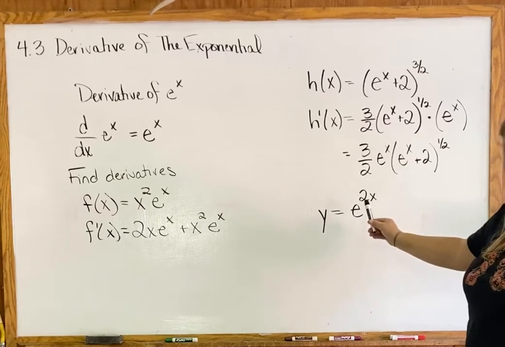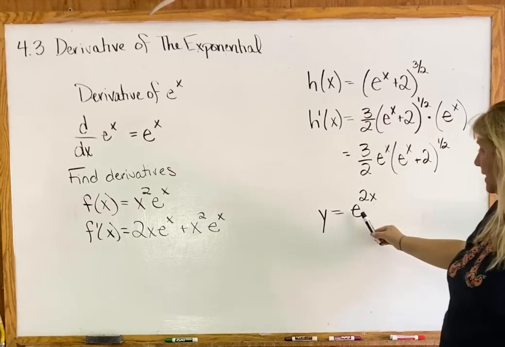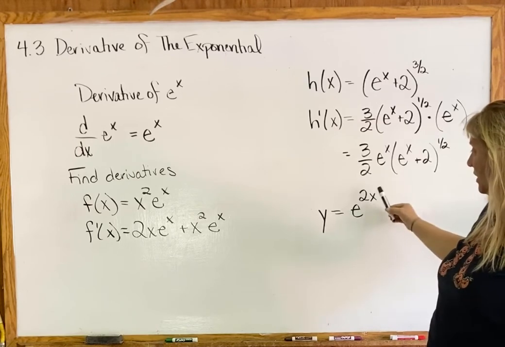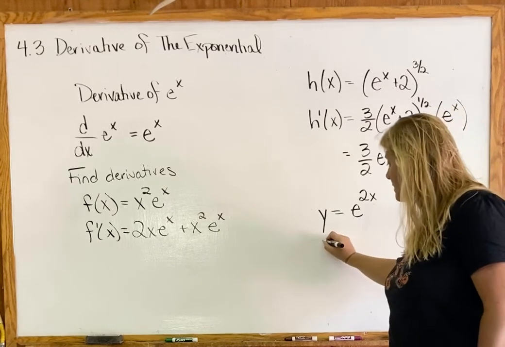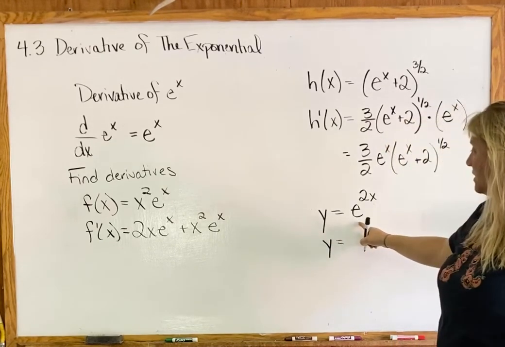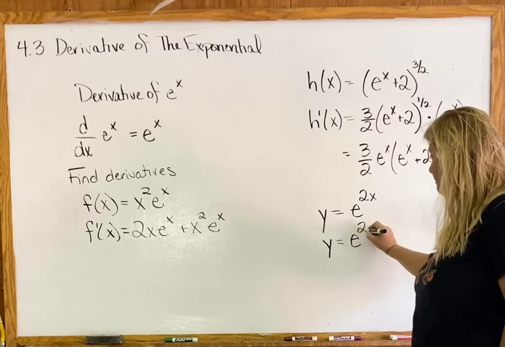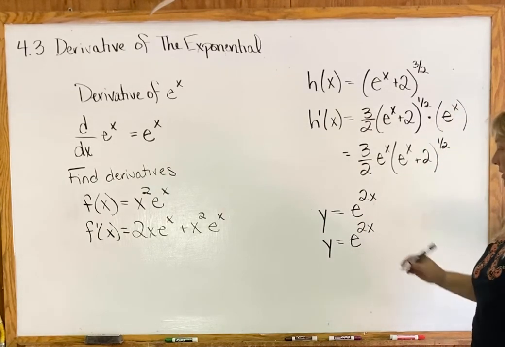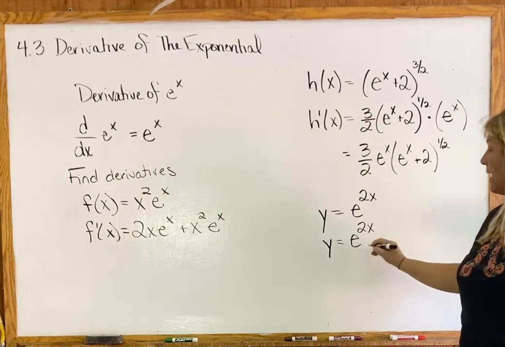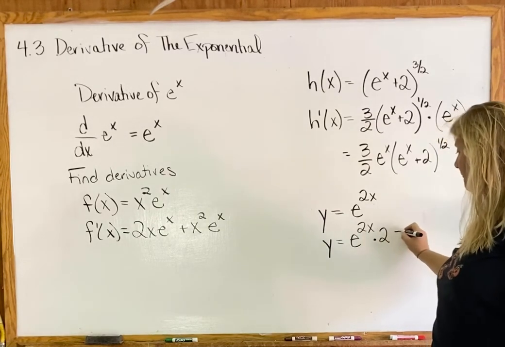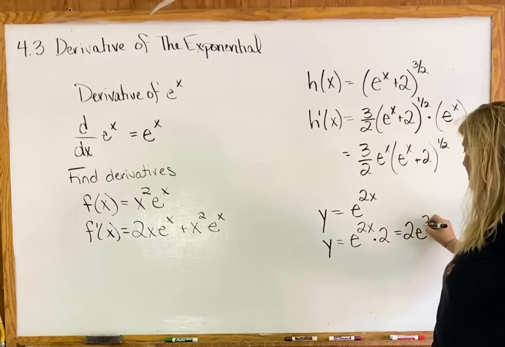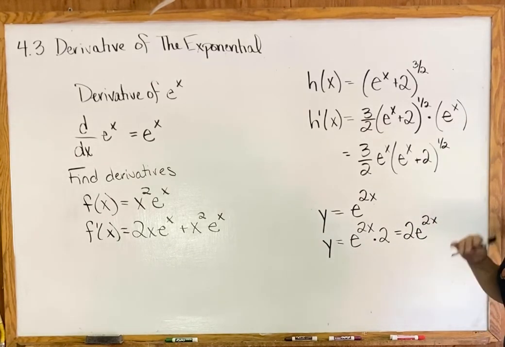We use the chain rule again, because the outside function is the e function, but inside is the 2x. You start by writing down what you have, the derivative of the outside function, e to the 2x, but you multiply by the derivative of the exponent, which is 2. So we get 2e to the 2x. Write down the e to the 2x part and then multiply by the derivative of the exponent.